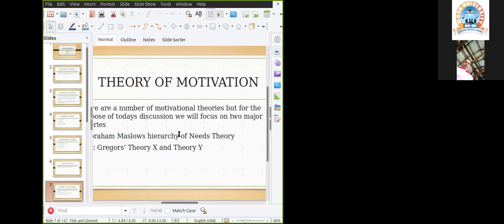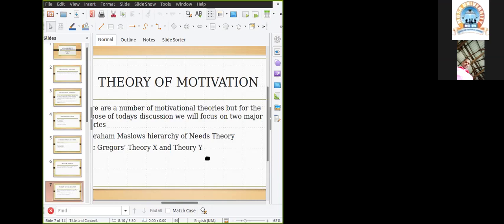The first one, Abraham Maslow's hierarchy of needs theory. The second one, McGregor's theory X and theory Y. The first one, Abraham Maslow's hierarchy of needs theory, is very common, and actually it's one of the first theories to be used by organizations in order to motivate their members of staff.